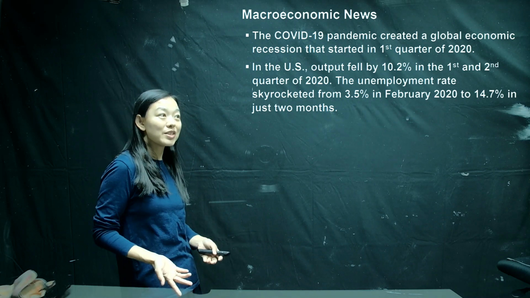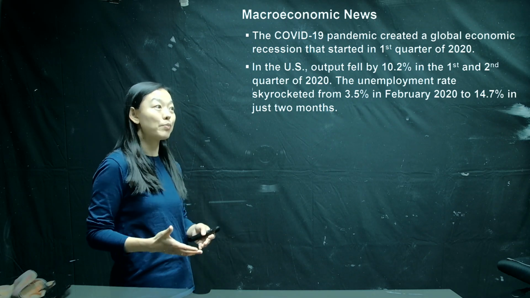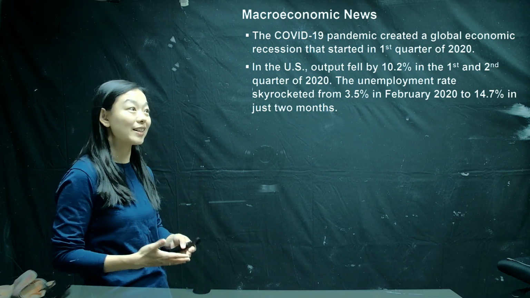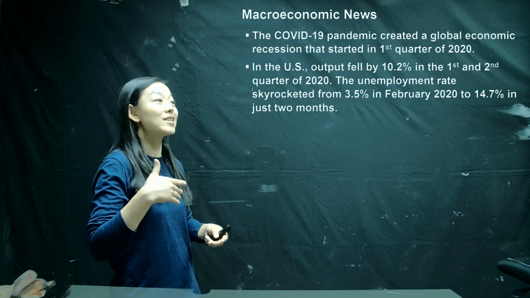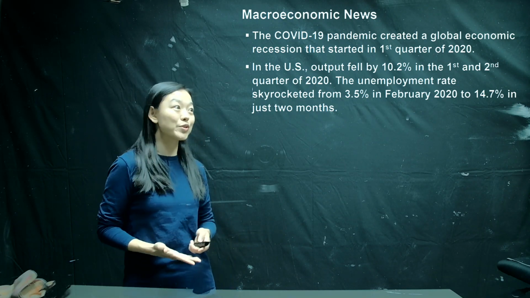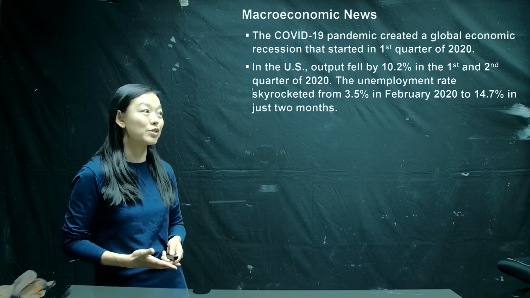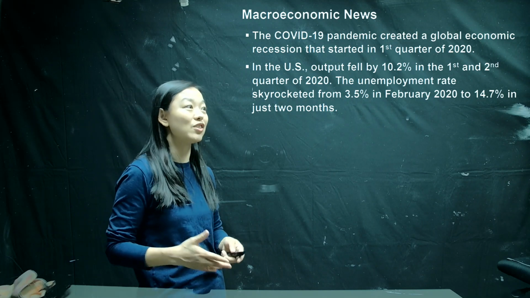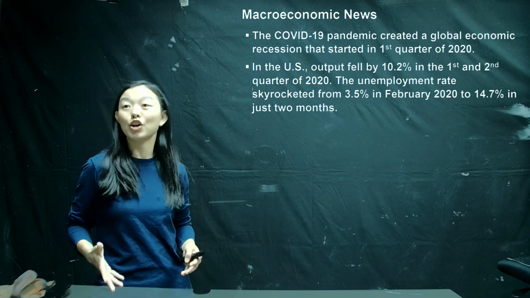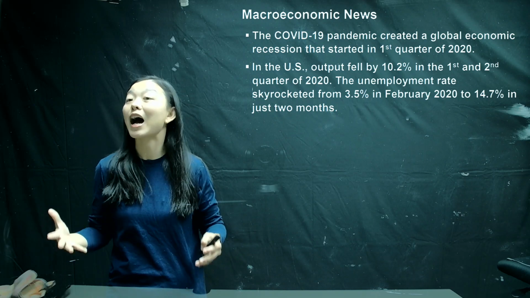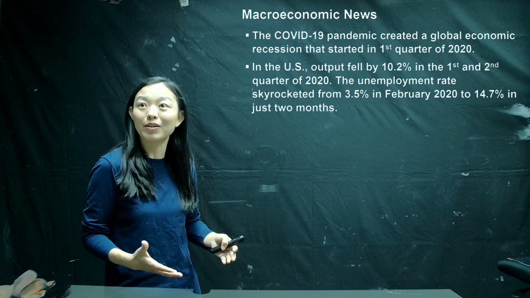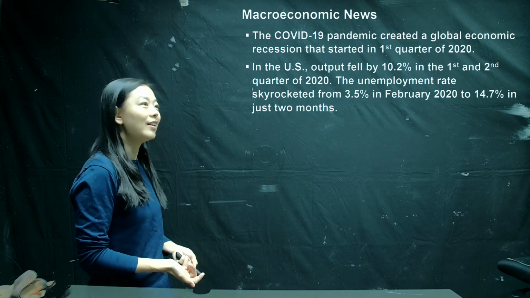Then in the United States, the output fell by 10.2% in the first and second quarter of 2020. The unemployment rate skyrocketed from 3.5% in February 2020 to 14.7% in just 2 months. This news is also macroeconomic because it talks about the whole U.S. output and the unemployment rate.